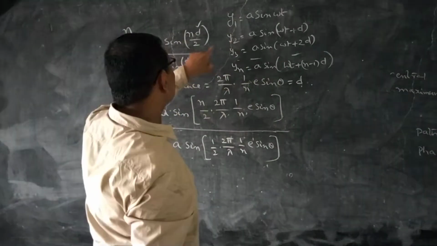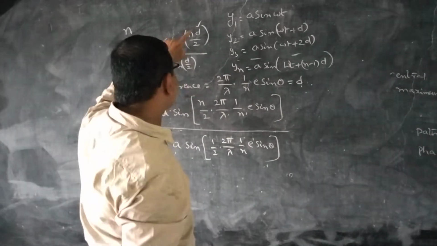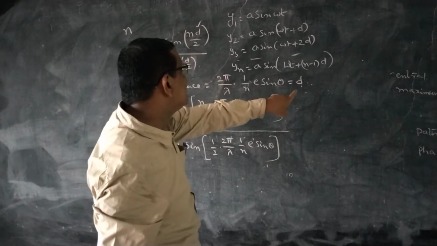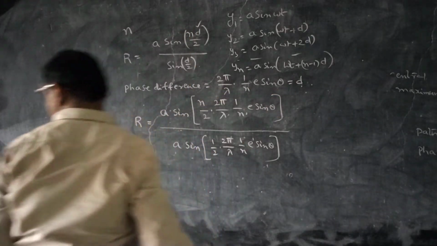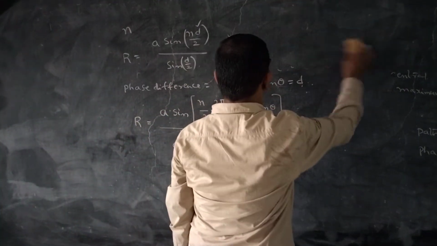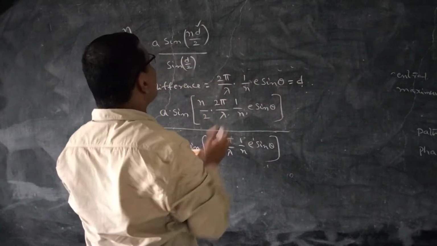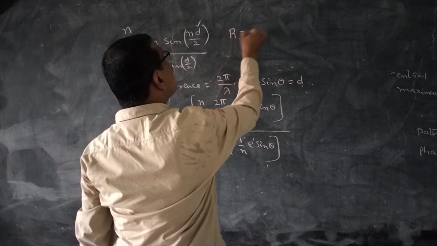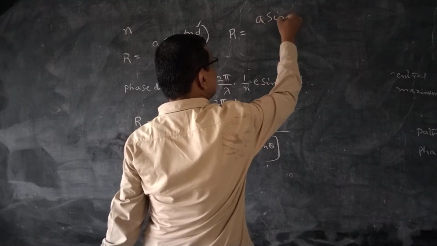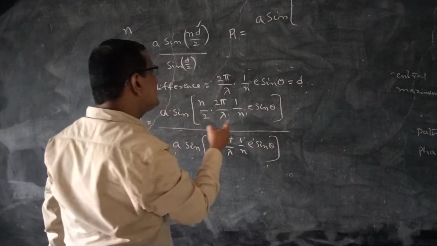Okay. Now we are using this expression here. Here d is the phase difference. That's why the phase difference is taken as d here. Now R = A sin(nd/2).